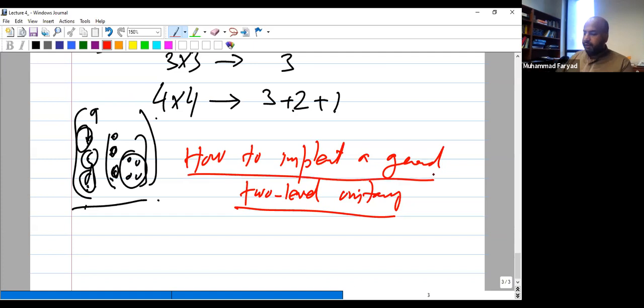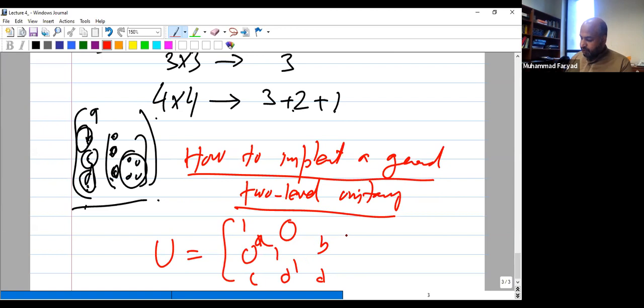First of all, you have to remember that in our general 2-level unitary, let's say we have a 1 here, 1 here, 1 here, 1 here, 1 here, and maybe there is some element here, some here, some here, and maybe some here, but everything else is 0.